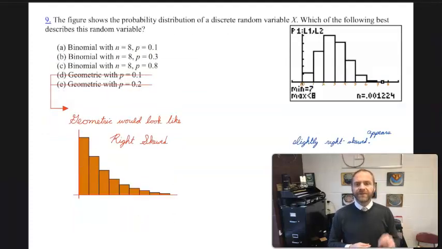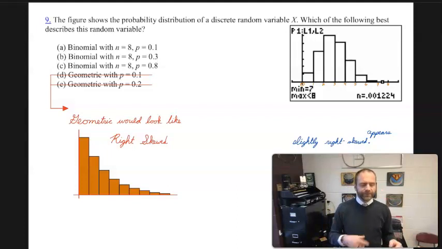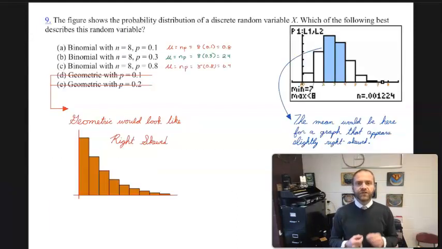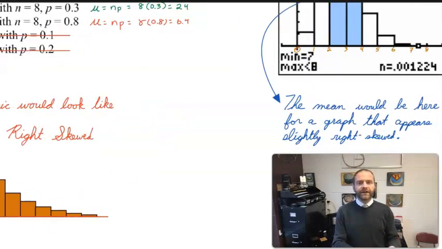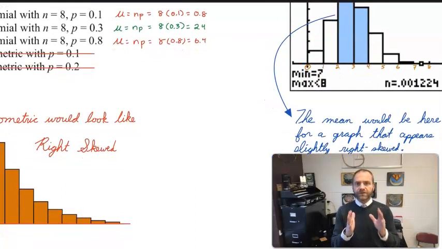Well, it does appear slightly right skewed, but you do have some information over there on the left side. But it is tailed off to the right there. So what does that mean? Well, that means if it's slightly right skewed, our mean should be somewhere in those two bins.